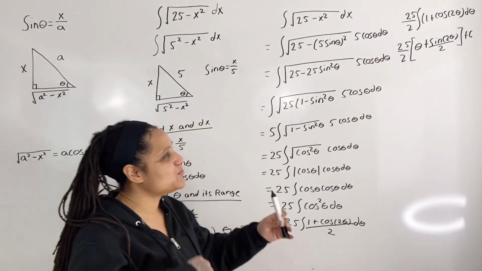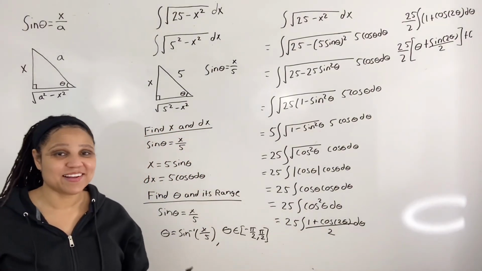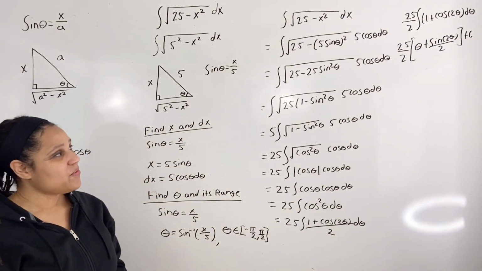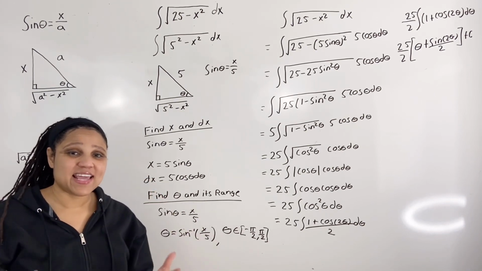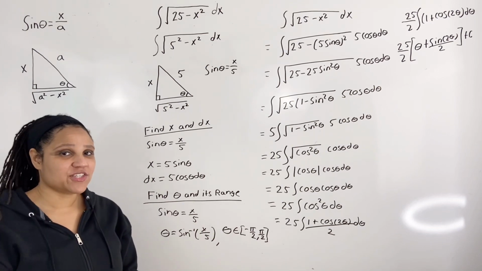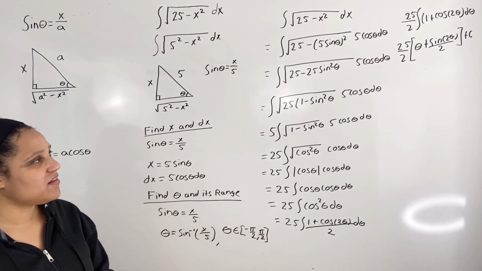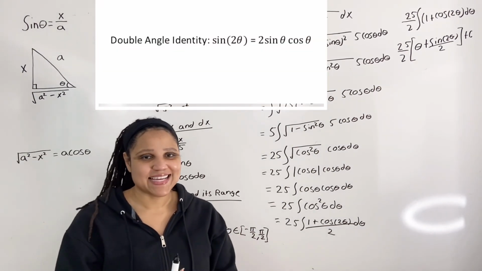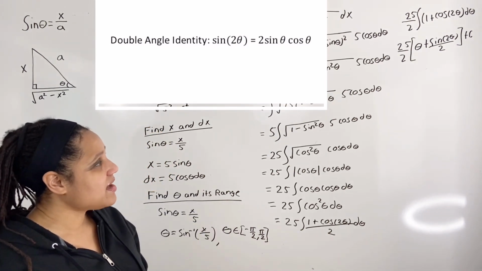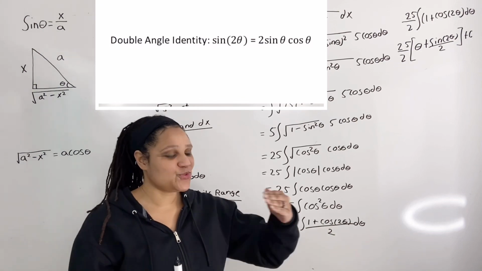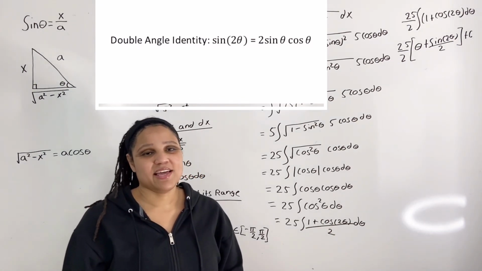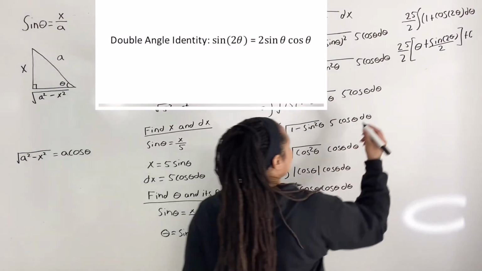So I need to somehow rewrite sine of 2 theta so that I only have theta inside of a trig function. So we can use what we call the double angle identity. The double angle identity says that sine of 2 theta is equal to 2 times sine of theta cosine of theta. So I'm going to write that.